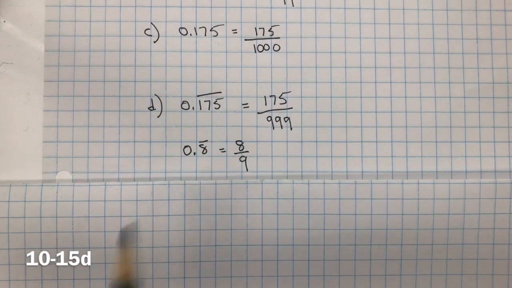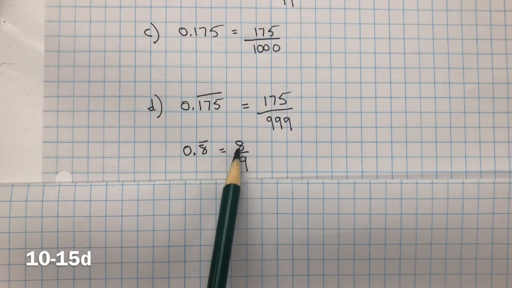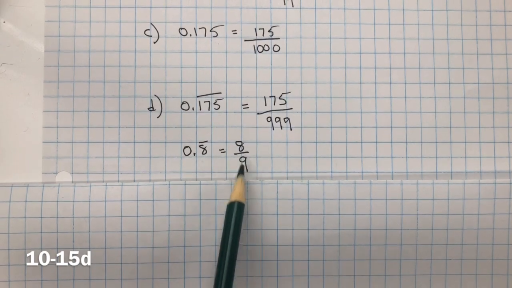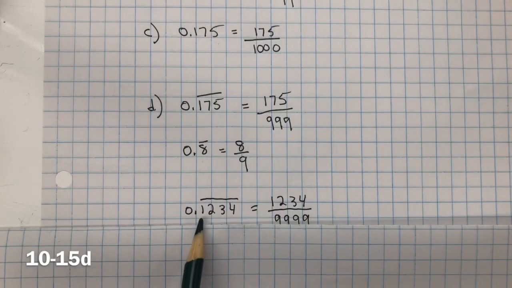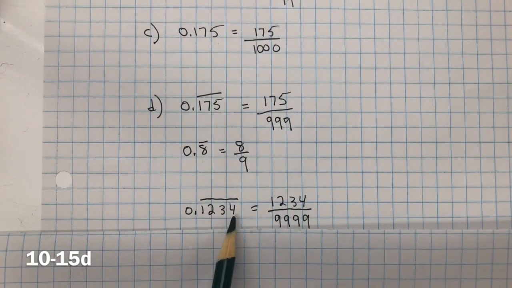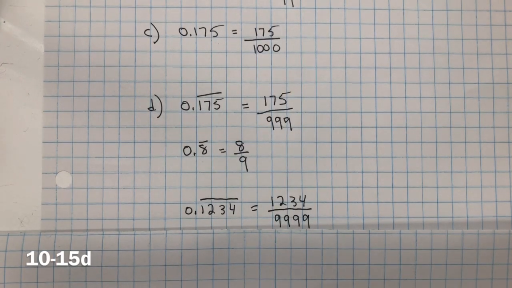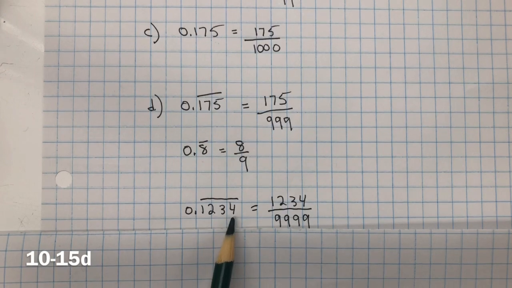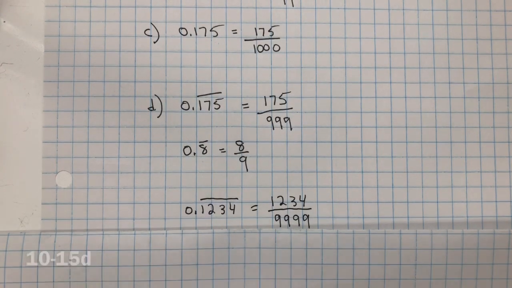Here's another example. 8 tenths repeating, 1 place value, 8, 1 9. Here, 1, 2, 3, 4 place values repeating, 4 9s. So however many place values are repeating, that's how many 9s are going to be in the denominator.